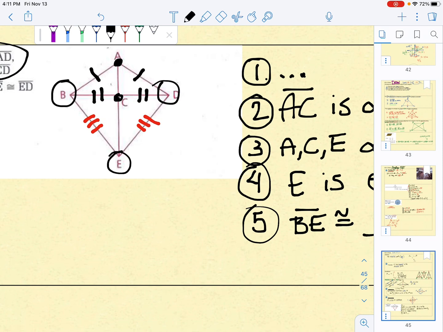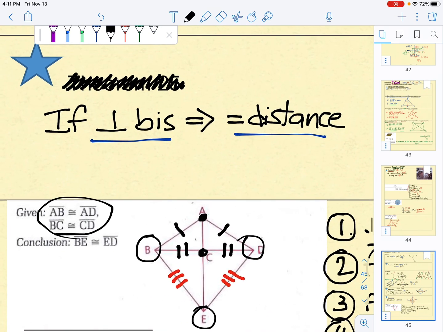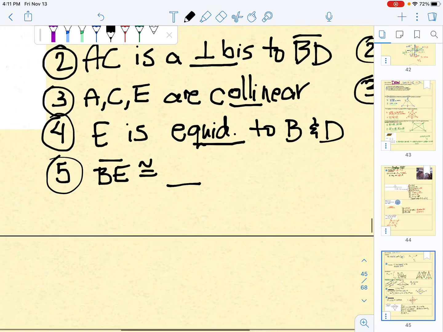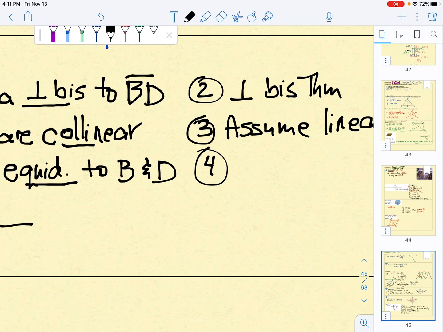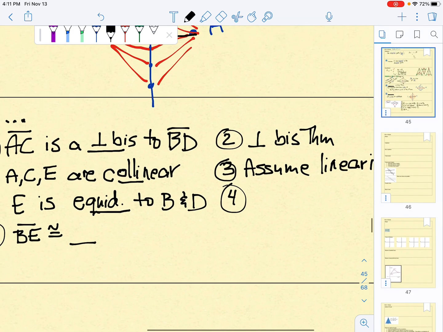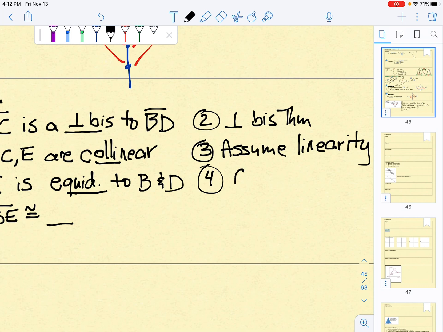Why? Because E is on this line. So now I'm using this second one. If you're on the perpendicular bisector, then you're equal distance. So this one we will call the Equid theorem.